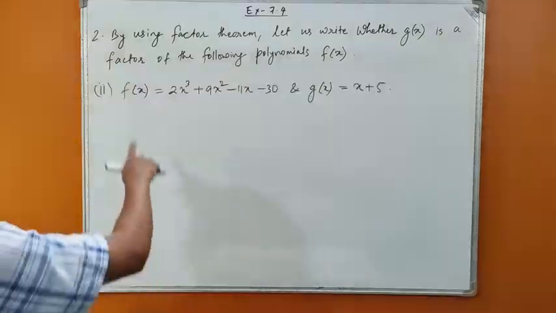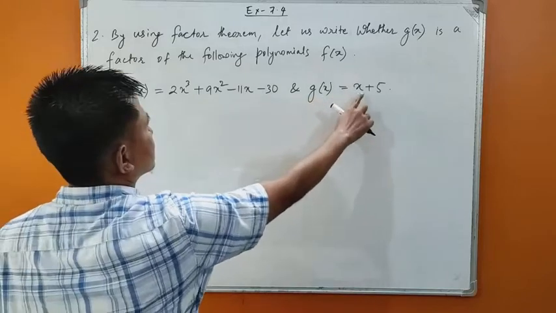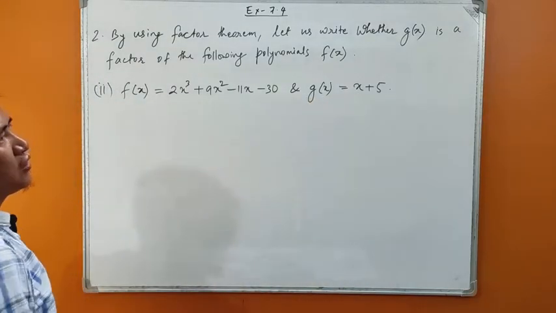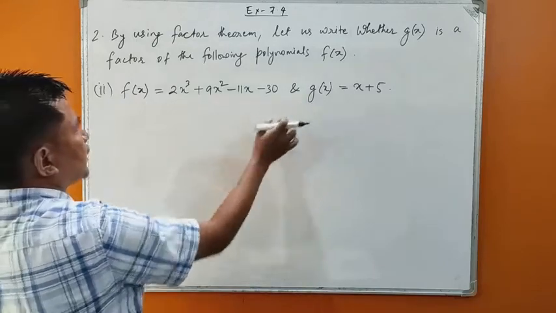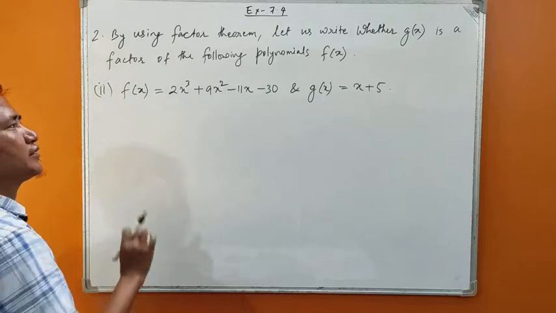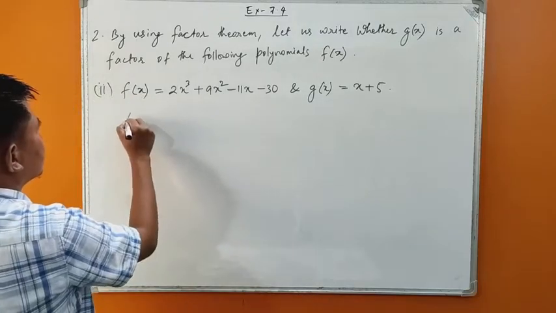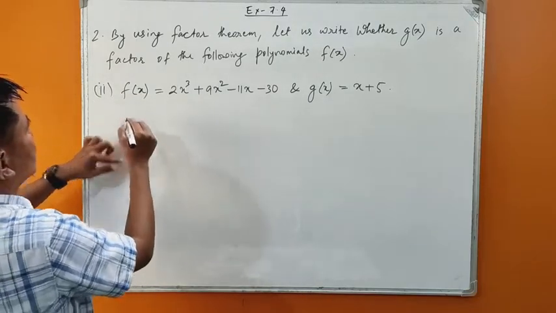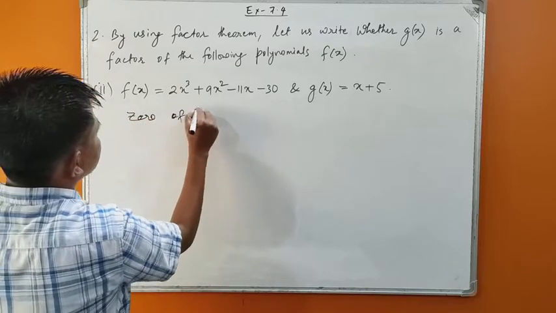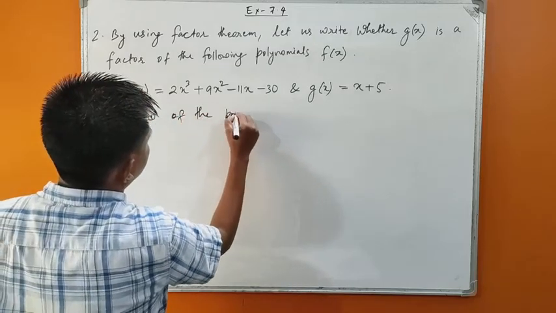Yes, you got this. fx is this and gx is this. We are asked to verify whether gx is the factor of fx or not. So we divide fx by gx, and if the remainder comes 0, then we can say gx is the factor of fx, isn't it?